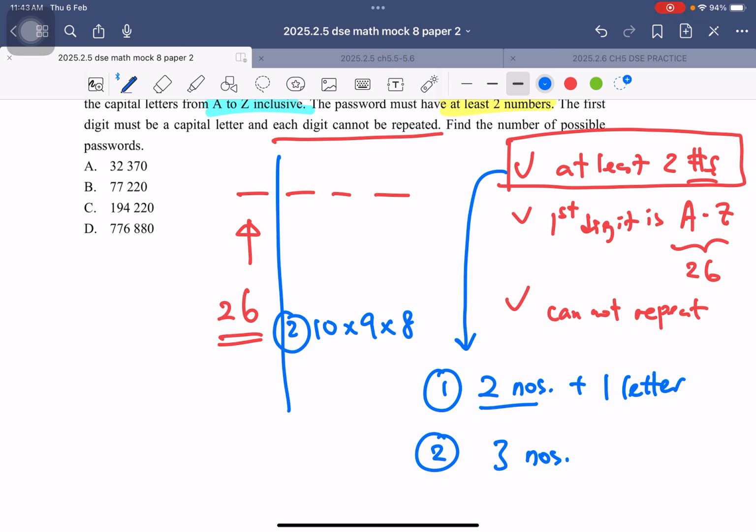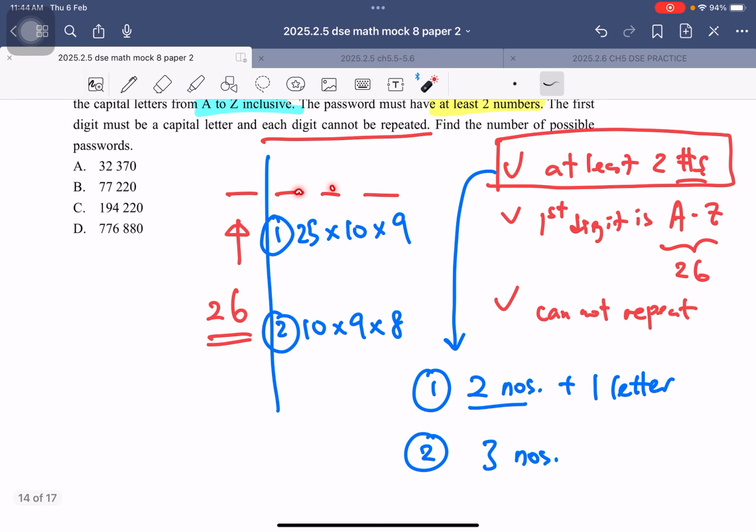And then the first case is a little bit complicated. Assume the first is the letter. It's only the letter. Then how many choices can we have? 25. Then the rest 2 are going to be numbers, 10 times 9. But the letter can be here, can be here, can be here.